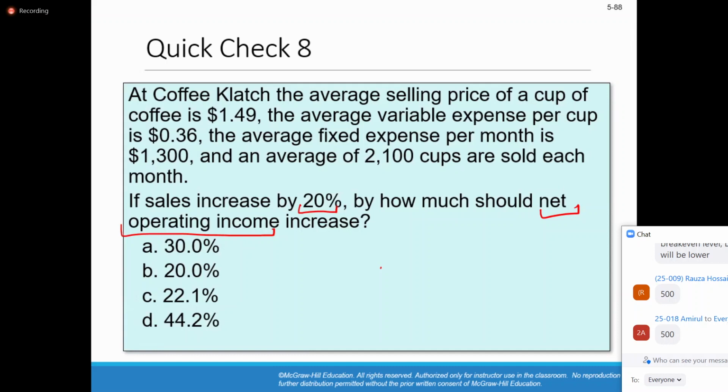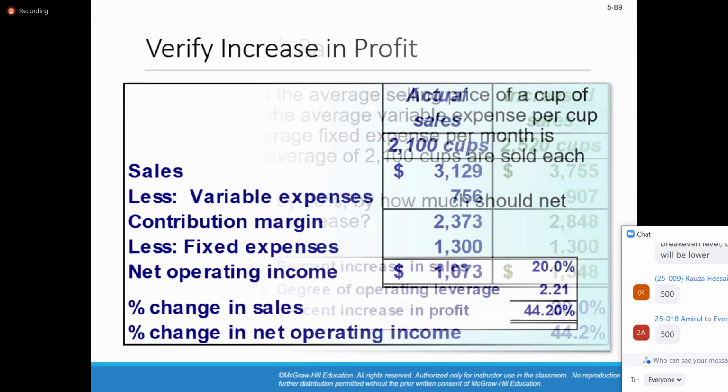The DOL will not remain constant, and you need to find out, at a given sales level, net operating income and contribution margin, what my DOL is. Based on that, you can estimate what the change in your net operating income will be in response to changes in sales. Okay, so you need to be precise.